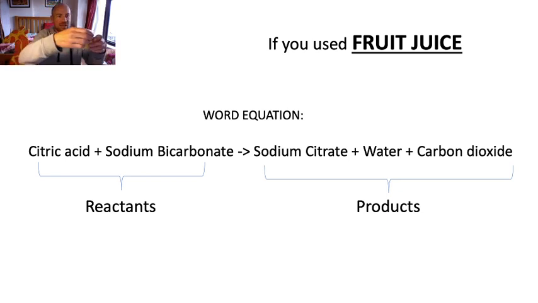If you were looking at your reaction, if you'd done it with fruit juice, what you're looking at now isn't citric acid and sodium bicarbonate in there. It's changed. It's sodium citrate, water, and carbon dioxide. The carbon dioxide are the bubbles that have escaped. But fundamentally, in chemistry, in a reaction, you have reactants that you now should have labelled on your sheet.